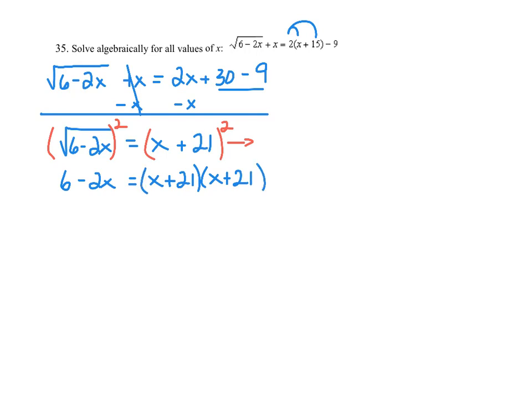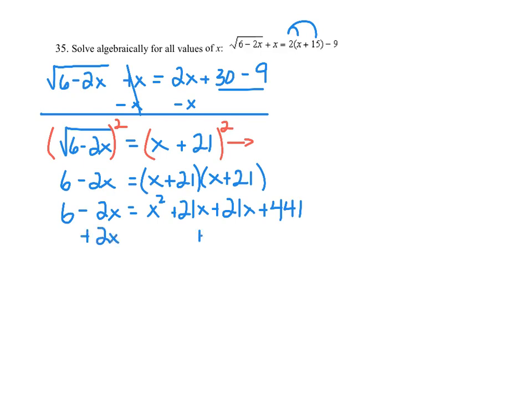All right, so then I get 6 minus 2x equals x squared plus 21x plus another 21x, and then plus 441. Okay. Now I see that I have a quadratic, so I know I'm going to be scooting everything to the side with the x squared and setting it equal to 0. So I'm going to add this 2x over.